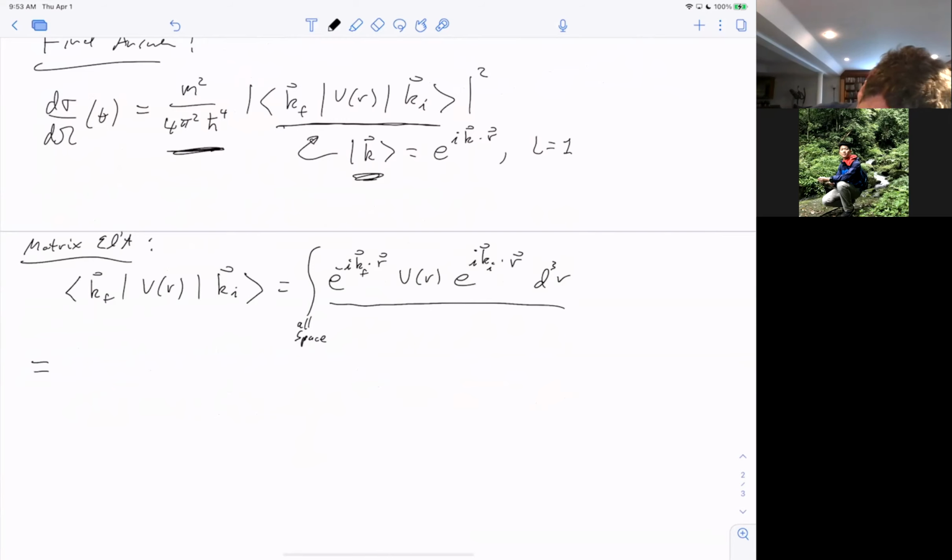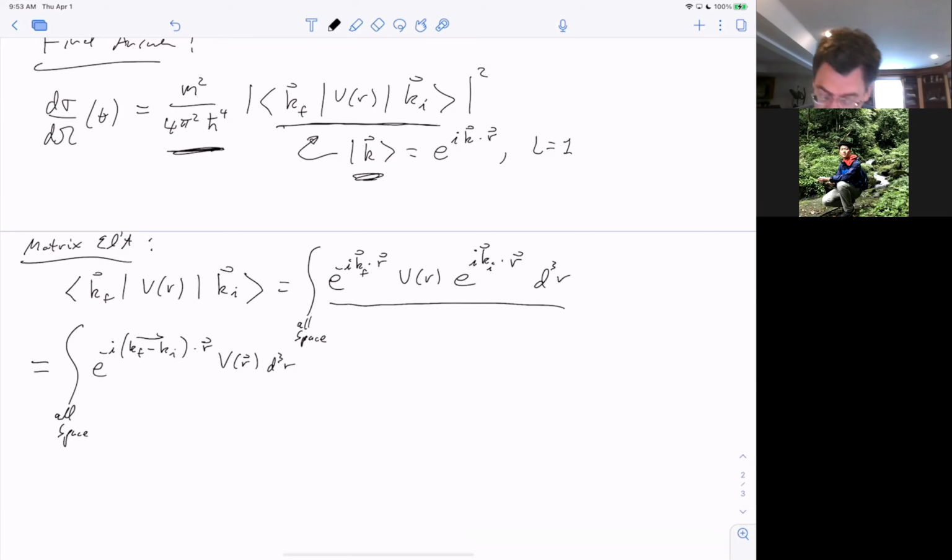Let's rewrite it. We have e to the minus i (k_f minus k_initial) dot r, and this is V of r, the potential, integrated over all space. This is the matrix element that determines the probability to scatter to a particular angle.